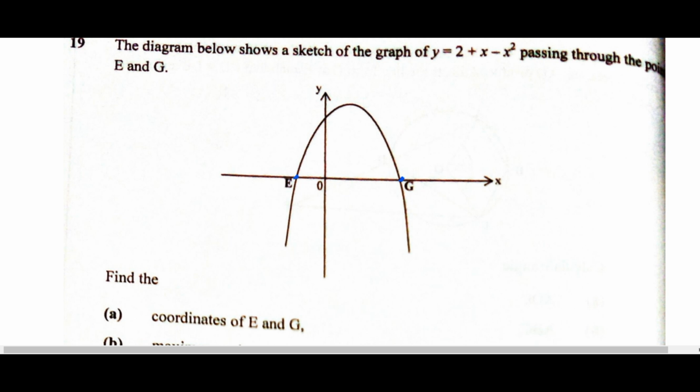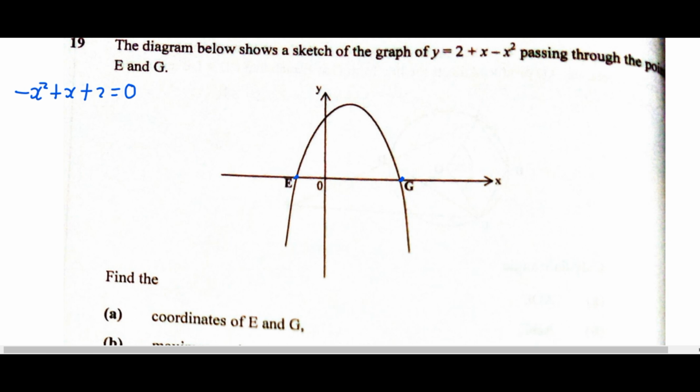The first thing, we need to arrange our equation in order: negative x squared plus x plus 2 is equal to 0, where y is 0, because the y coordinate on the x-axis is 0.